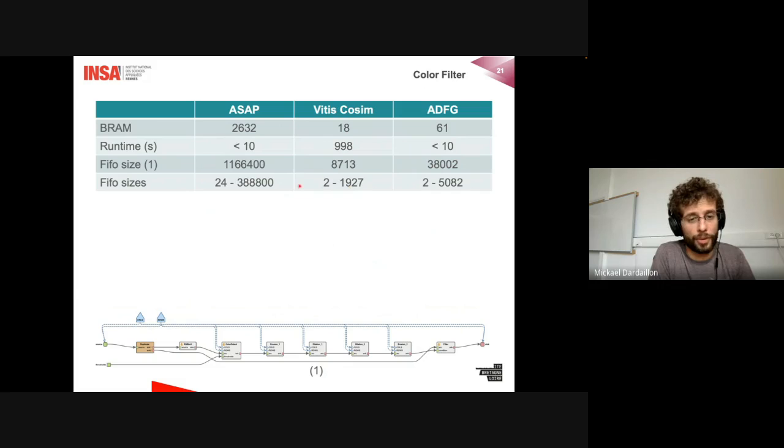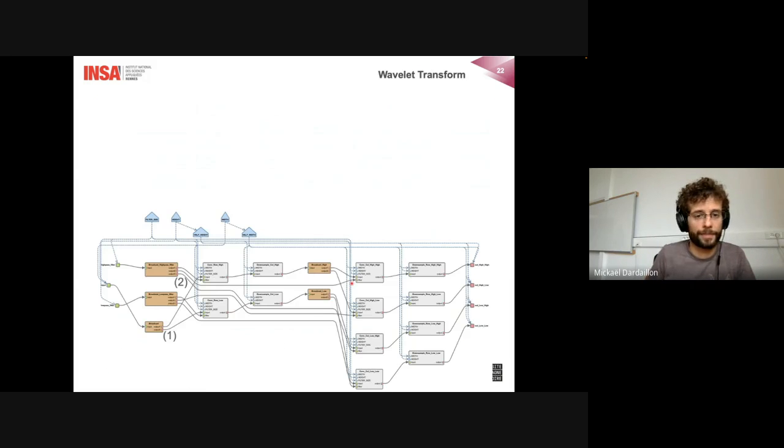And for those FIFOs, it's more of a mixed bag where we can find the same minimum buffer size needed, but sometimes we get a factor of 2 or 3 compared to the FIFO size which is found by Vitis. And the last application, the largest by far, is wavelet transformation.